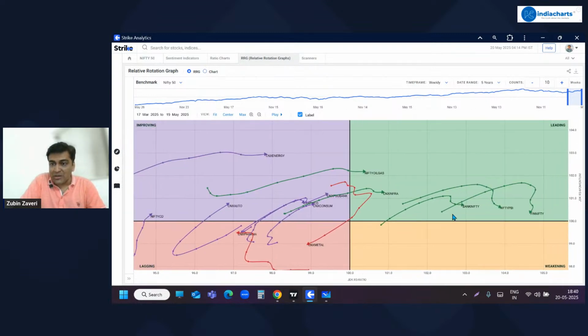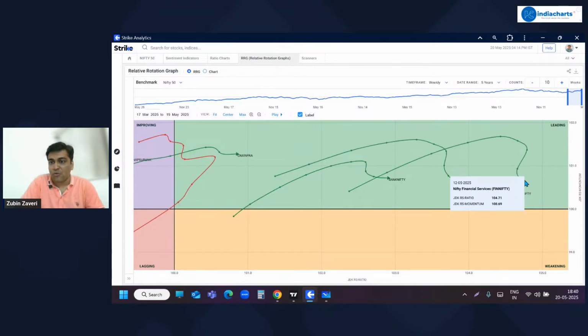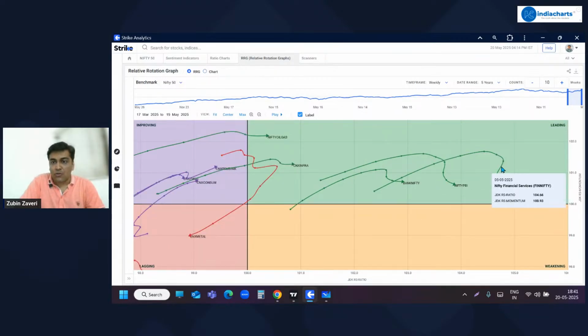Similarly, bank nifty also came down over here. Similarly, private bank and financial nifty also. Its momentum went down in the last 4 weeks, more as compared to bank nifty. So out of them, financial nifty is underperforming. The momentum is very weak over here compared to these two.